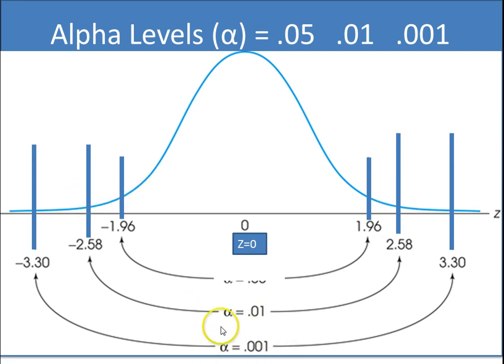We would move the line that separates the low probability area from the high probability area way out here in the tail. By convention, the alpha level most often used is 0.05, and it is the only alpha level that we will use in this course. But you should be aware that there are two others.